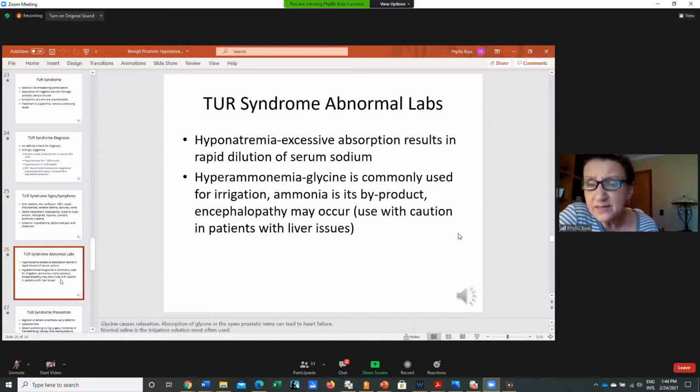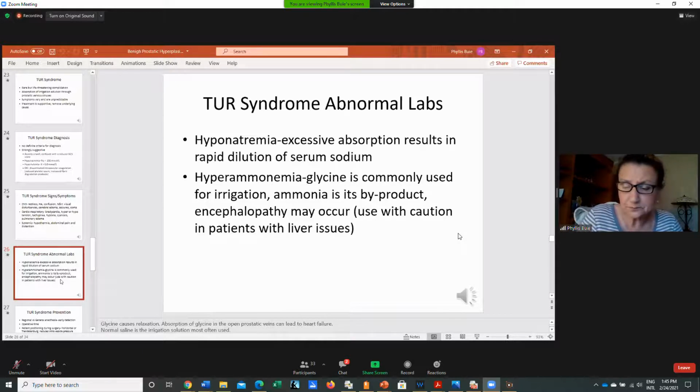So an encephalopathy may also occur, particularly if your patient has liver problems anyway. So if they're using the glycine instead of the normal saline, and you know your patient has a history of cirrhosis or some other liver issues going on, maybe liver cancer or something like that, then watch them very closely, because they can certainly develop an encephalopathy from that. And it can, of course, lead to heart failure as well.